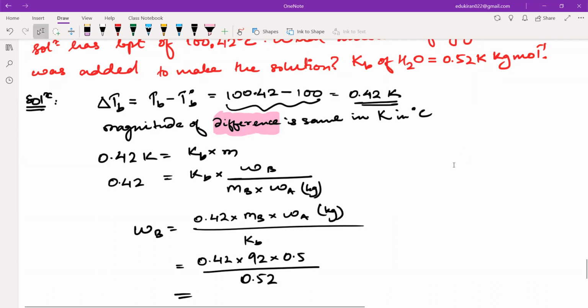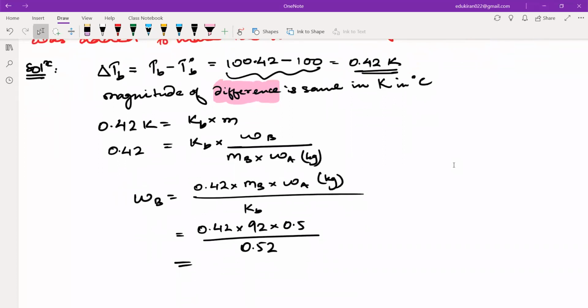Please calculate this and let me know the answer. Is this clear? Yes or no? Please tell me.